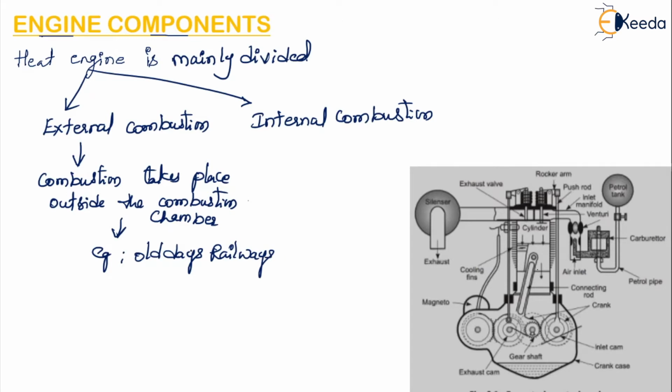So in olden days in railway system, these external combustion engines were used, which were steam engines and turbines. Okay.